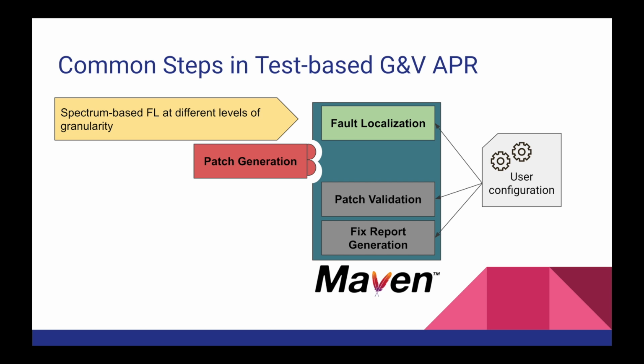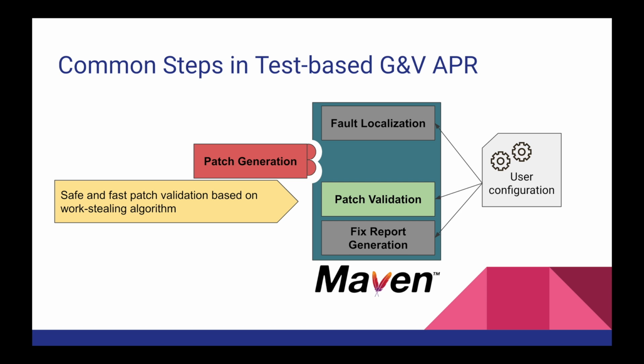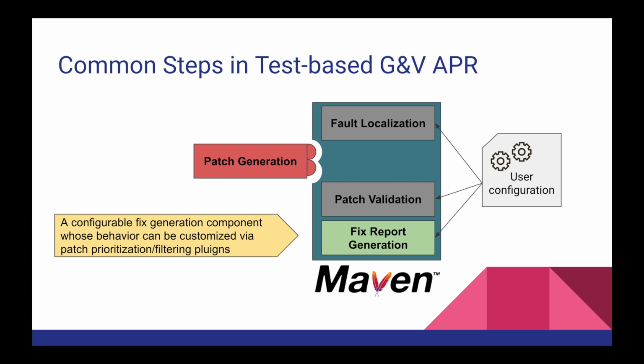PRF provides a spectrum-based fault localization component that generates fault localization information at different levels of granularity. It also provides a safe and fast patch validation component that maximizes CPU utilization using an implementation of work stealing algorithm. Last but not least, the framework provides a highly configurable component for fix report generation.